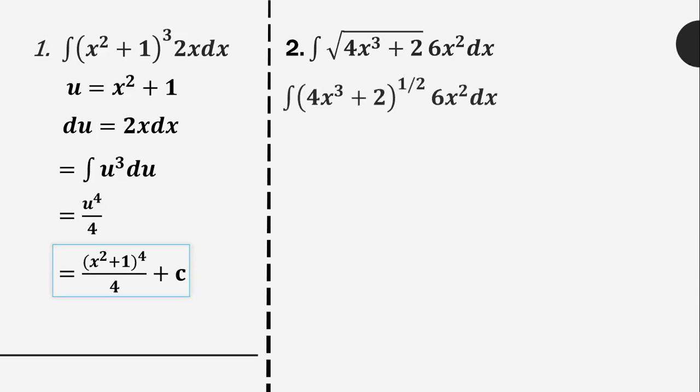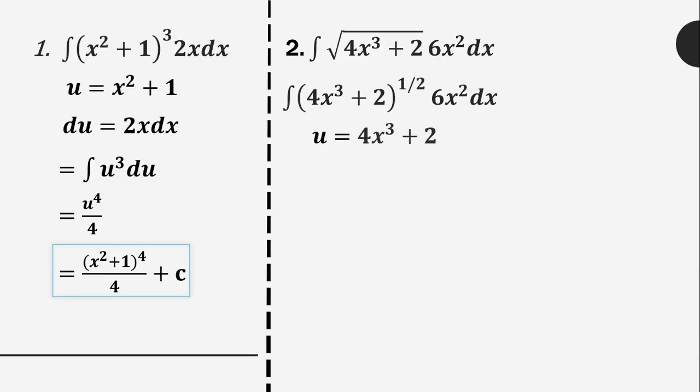So it becomes the integral of the quantity 4x cubed plus 2. So we can rewrite the square root as 1 half dx.